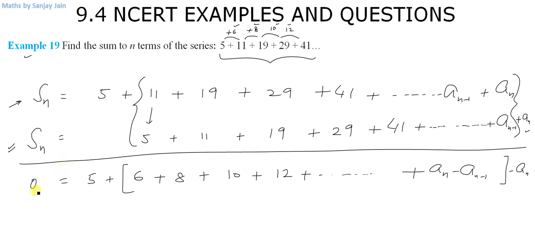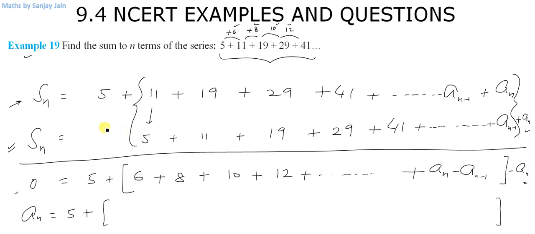On the left hand side I have got 0. So let me bring this a(n) on the left hand side. So I can say a(n) is equal to 5 plus the sum of this AP. Now if I ask you how many terms are there in this AP? There are n minus 1 terms in this AP. How do we know that?